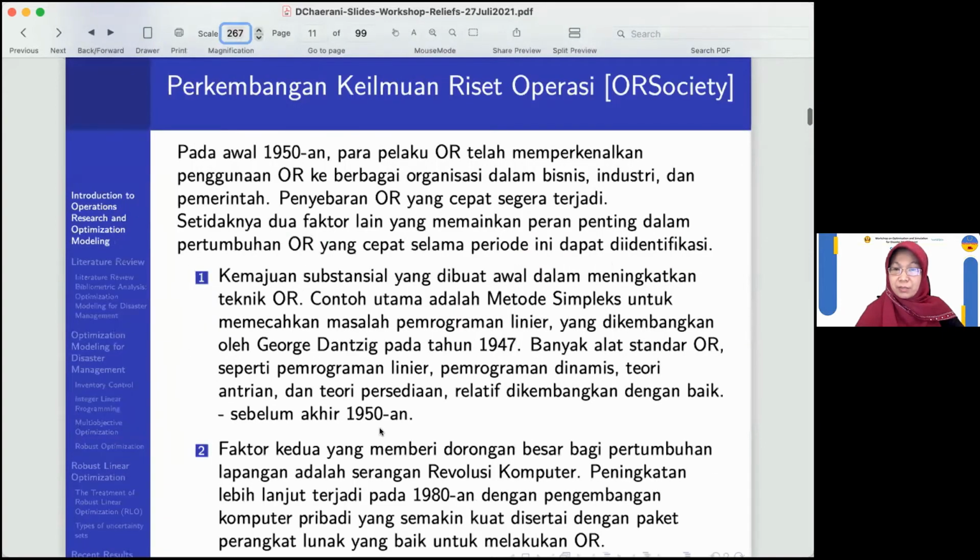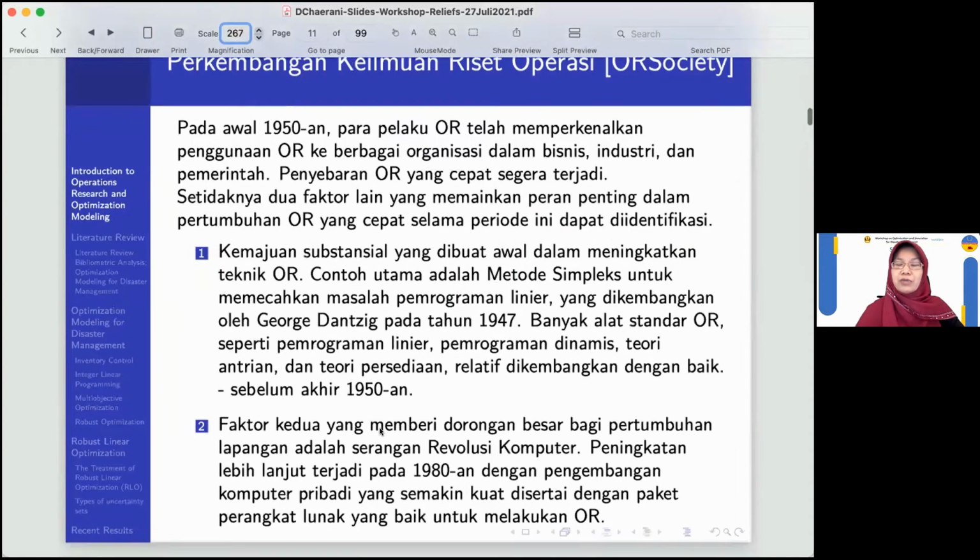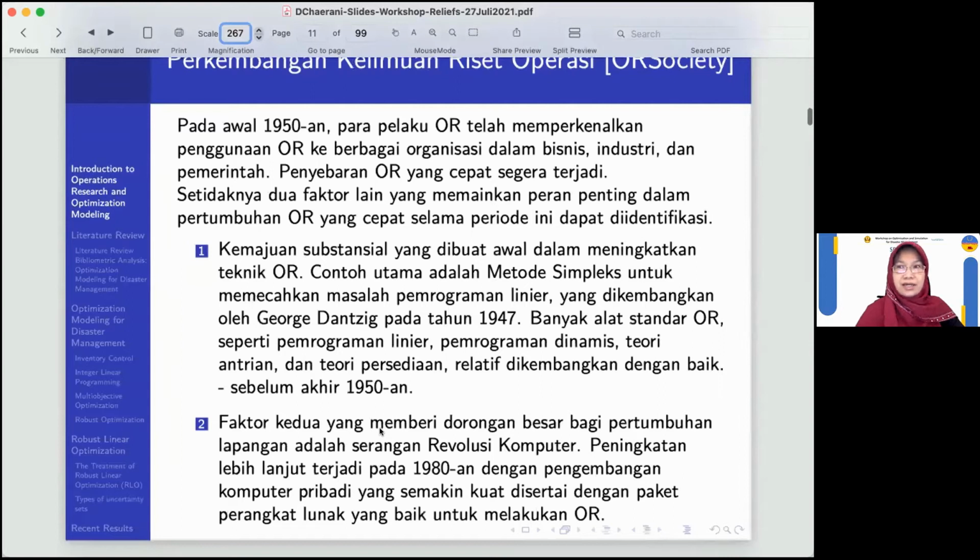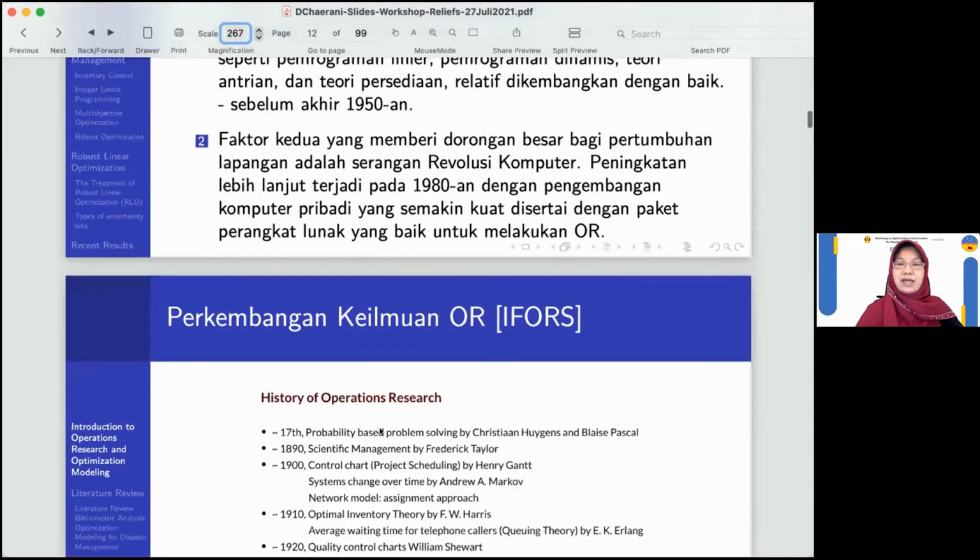And then I'm just going to skip this so that we can go further. The mathematical analysis was pioneered by George Dantzig with the simplex method in 1947, and then it was developed in the 1950s.